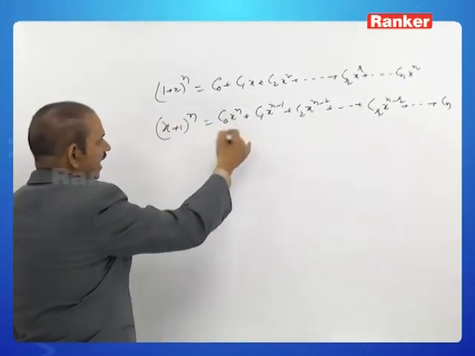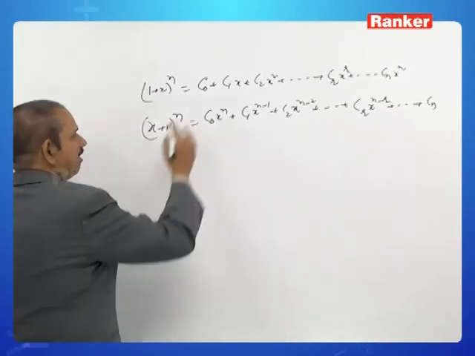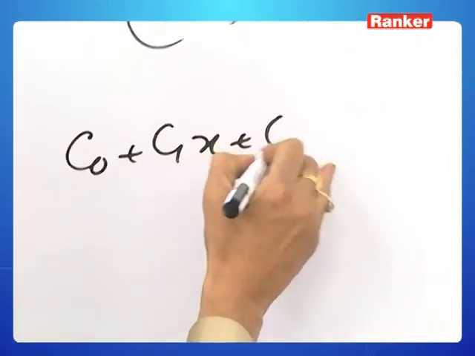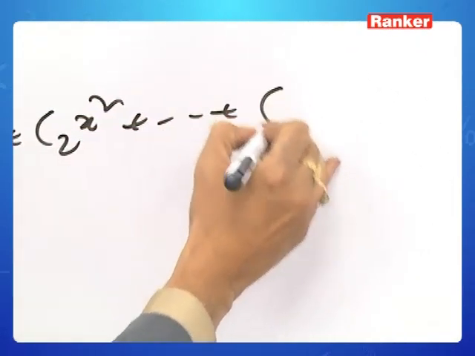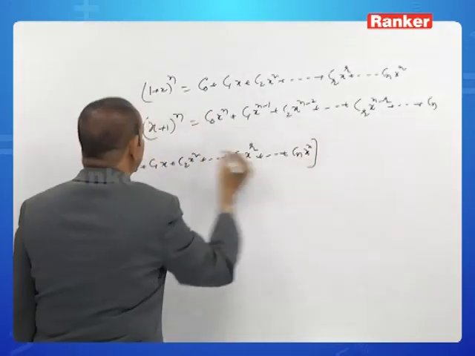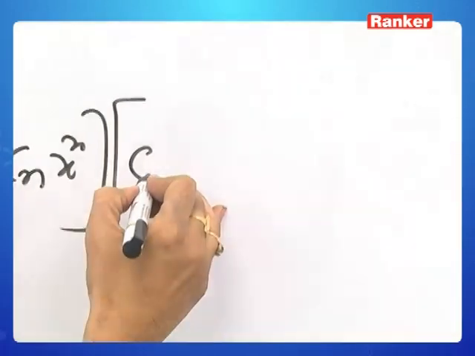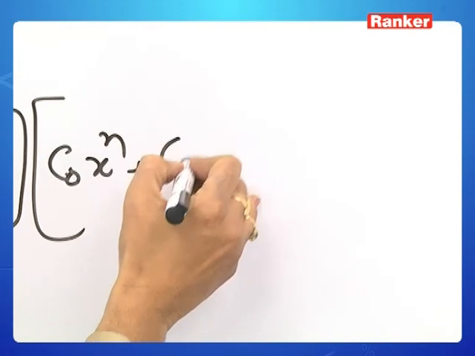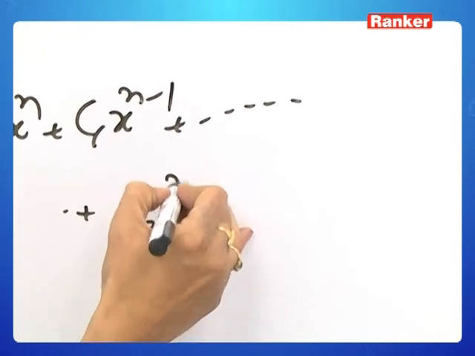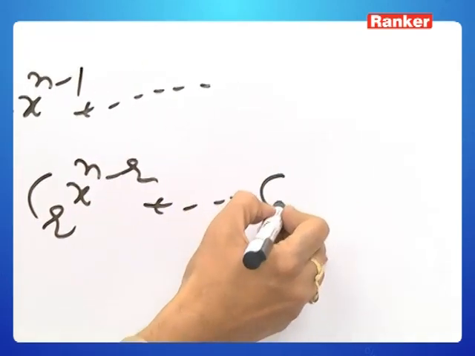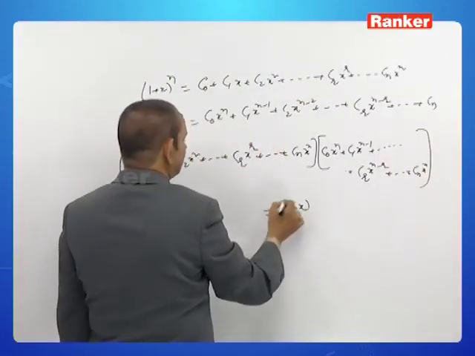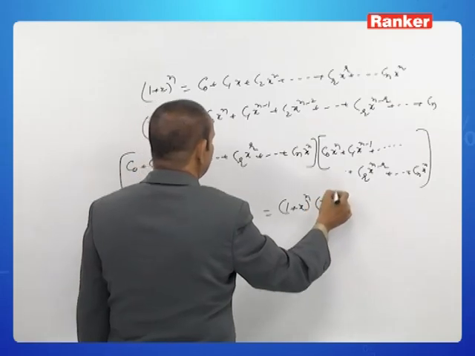Now you multiply these two expansions, RHS of 1 into RHS of 2. What happens? (C0 plus C1x plus C2x square plus etc. Cr x power r plus etc. Cn x power n) into (C0 x to the power of n plus C1 x to the power of n minus 1 plus etc. plus Cr x power n minus r plus etc. Cn) is equal to (1 plus x) to the power of n into (x plus 1) to the power of n, correct?